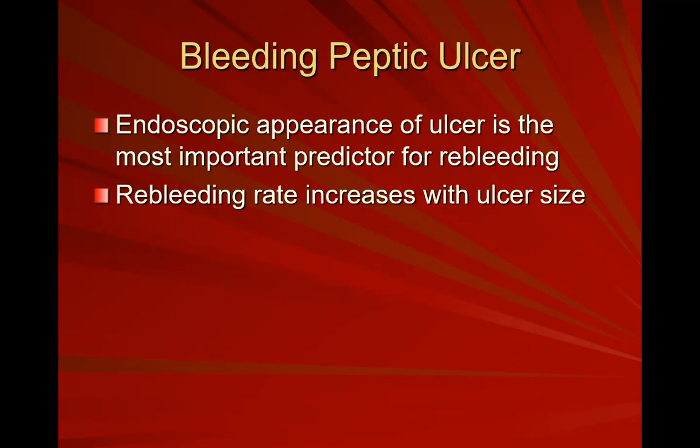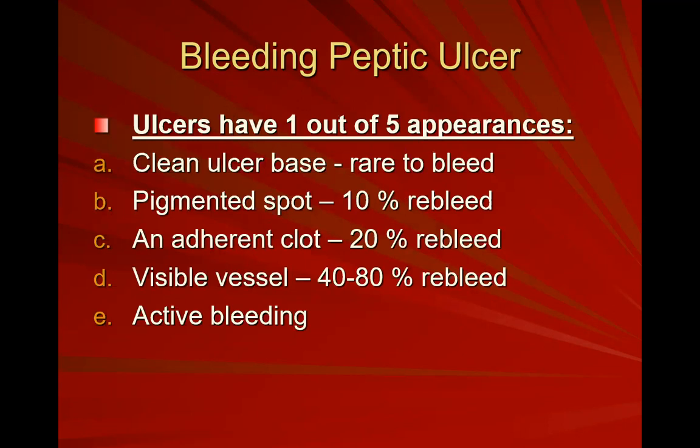Okay, and there is also a classification of ulcers based on the endoscopic appearance. And it would signify also the risk of rebleeding. So if the ulcer was clean, the peptic ulcer would very rarely rebleed. If it was pigmented, then the risk would be increasing.